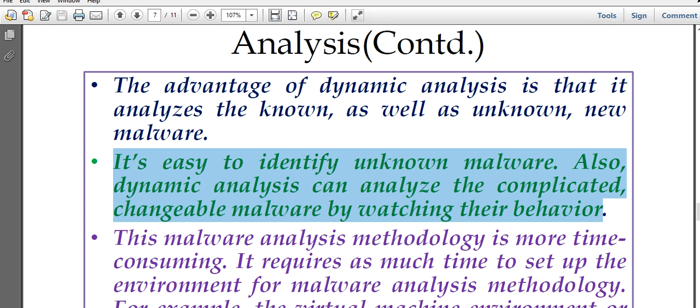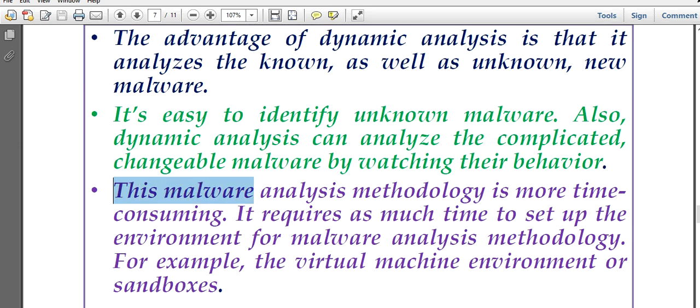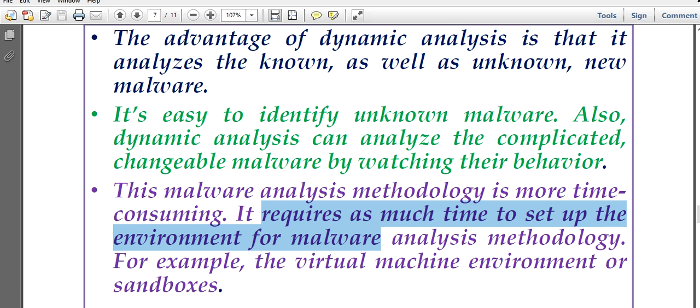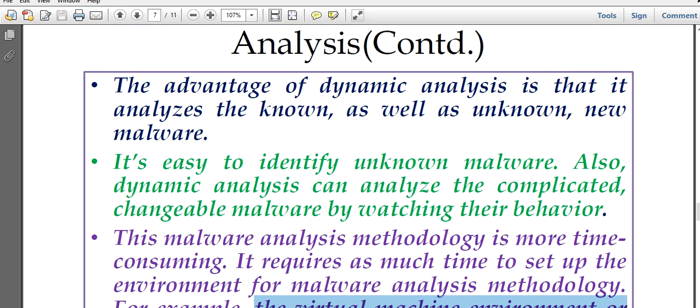That's why dynamic analysis is also known as behavioral analysis. This methodology is more time consuming. You can say this is one disadvantage. It requires much time to set up the environment, as the virtual machine or sandbox takes time to set up: first to create the virtual machine and then configure it for this particular type of analysis.